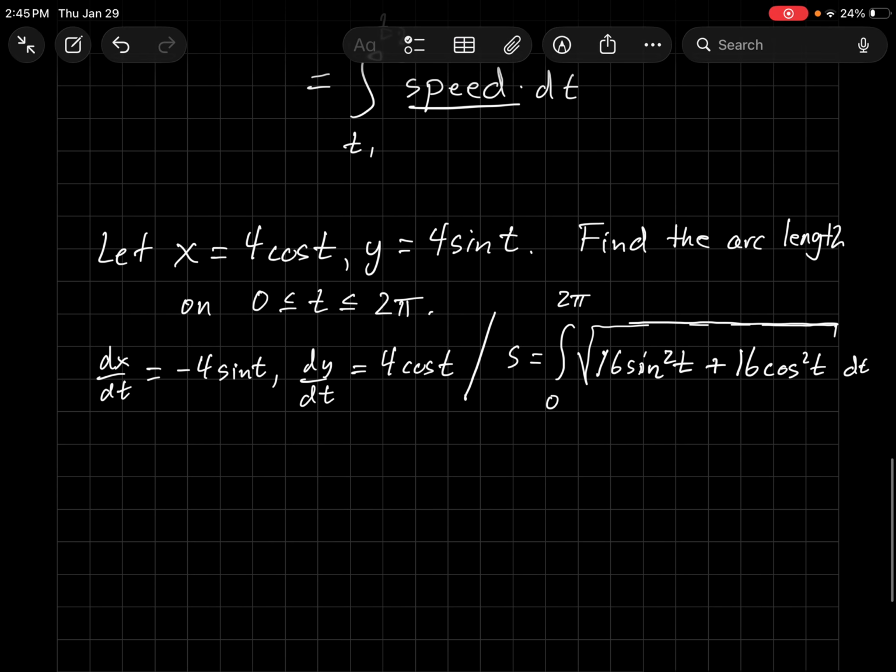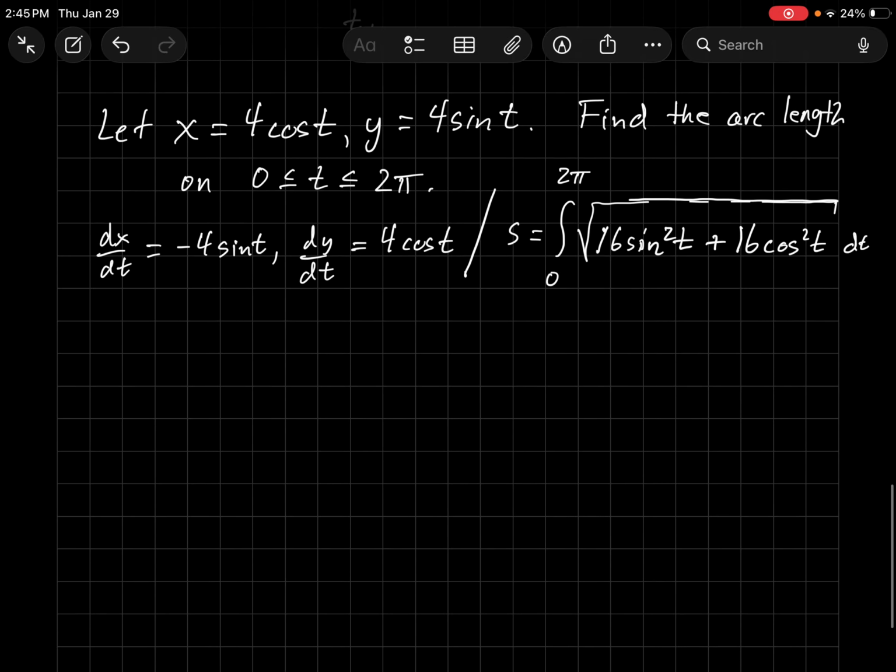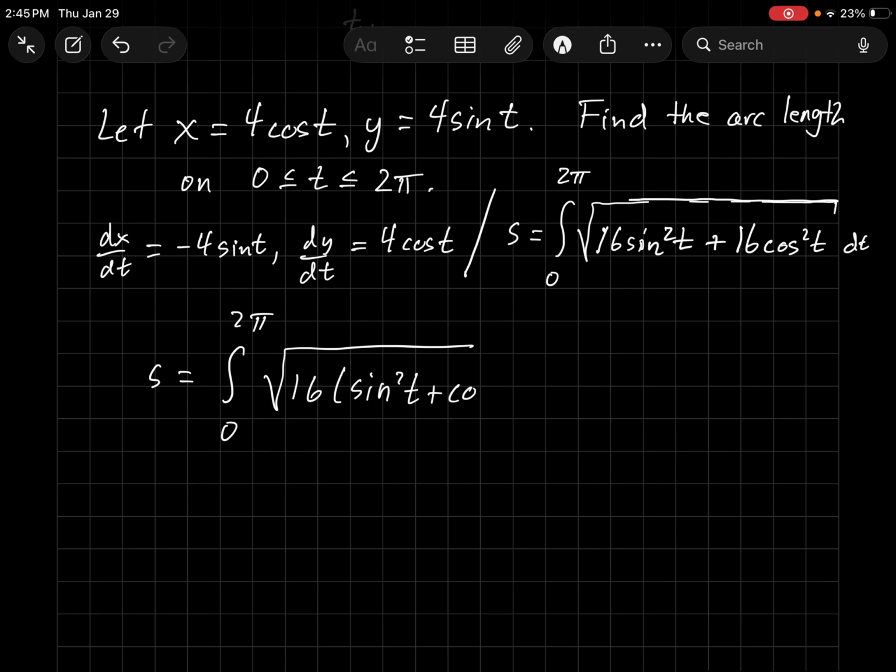All we have to do now is simplify. So we get that the arc length is the integral from 0 to 2 pi of the square root of 16, factor out, sine squared plus cosine squared dt.